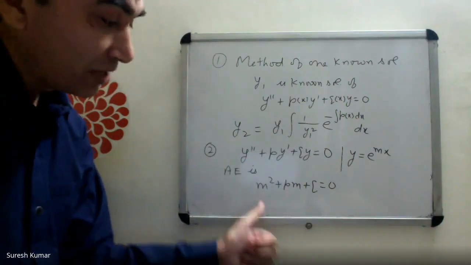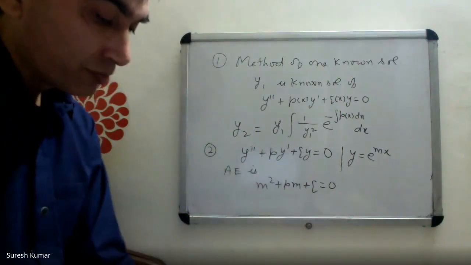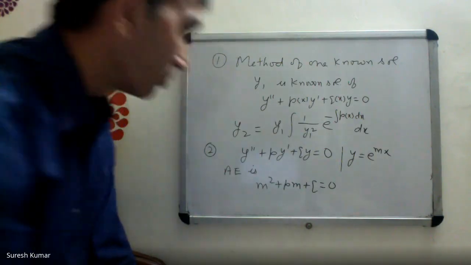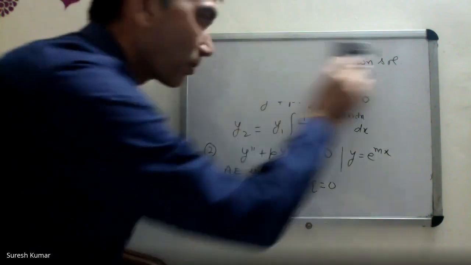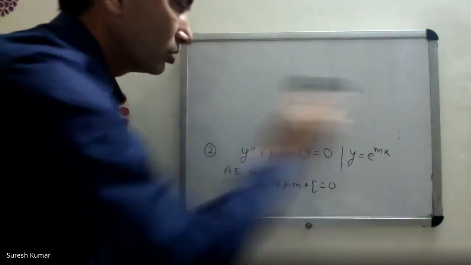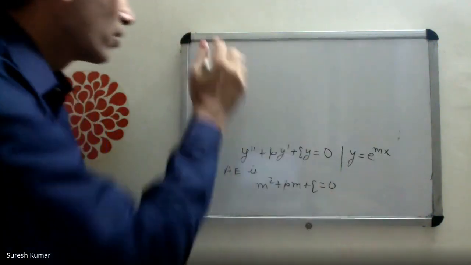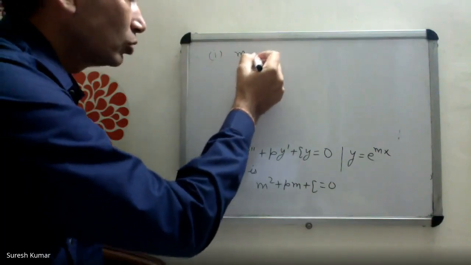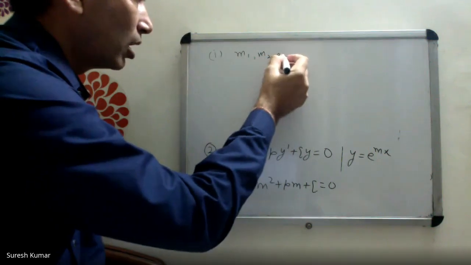Now, depending on the roots of this equation, there are three ways of writing the solution. Three cases. What are those? Let's see one by one. Suppose the two roots m1, m2 are real and distinct.